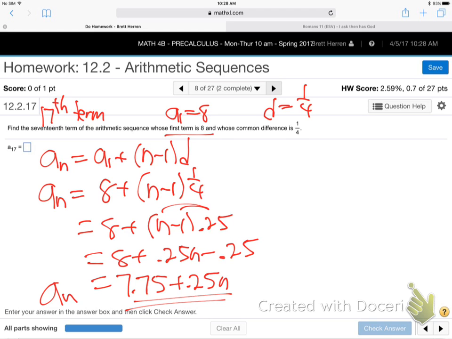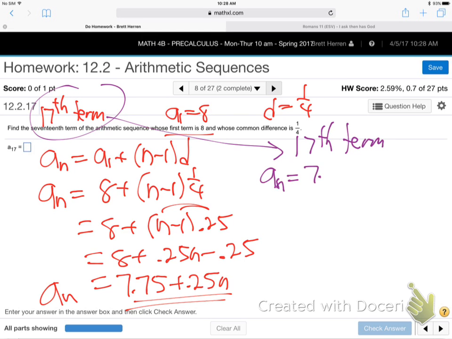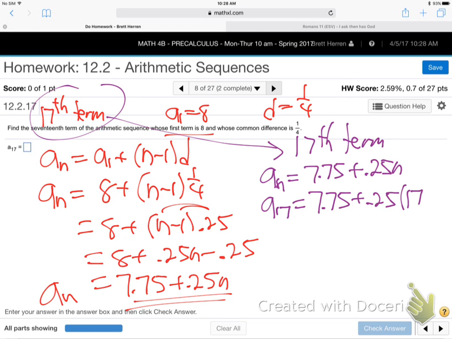In decimals anyway. Now I'm going to come up here and try to find the 17th term. So the 17th term, a sub n again, is 7.75 plus 0.25n. So if I want to find the 17th term, it's 7.75 plus 0.25 times 17, which is something.